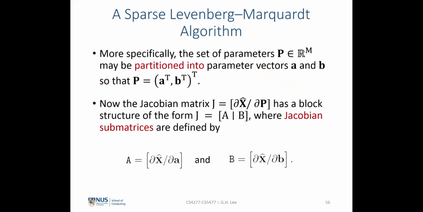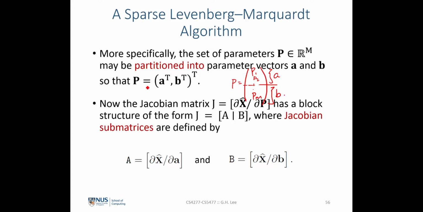More specifically, we first divide or partition the set of parameters P, which is an m-dimensional parameter vector, into two sets of parameter vectors, which we call a and b. So what this means is that I'm going to rewrite P into P1, P2, all the way to Pm here. And I'm going to partition this set of parameters into two sets, where I call the first set a vector of a, and the second set a vector of b over here.